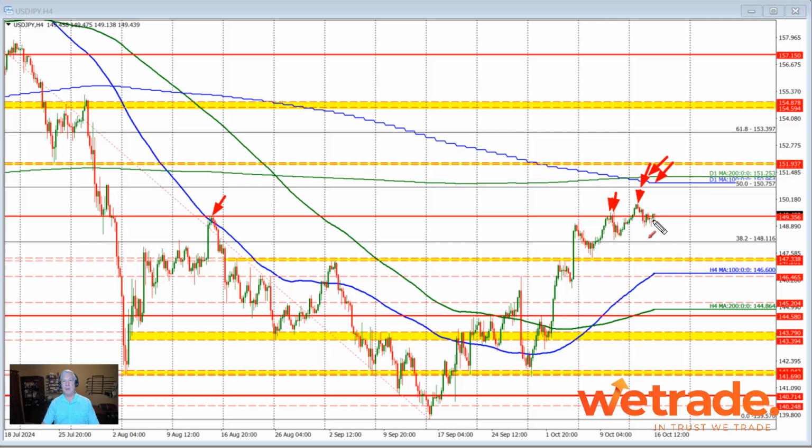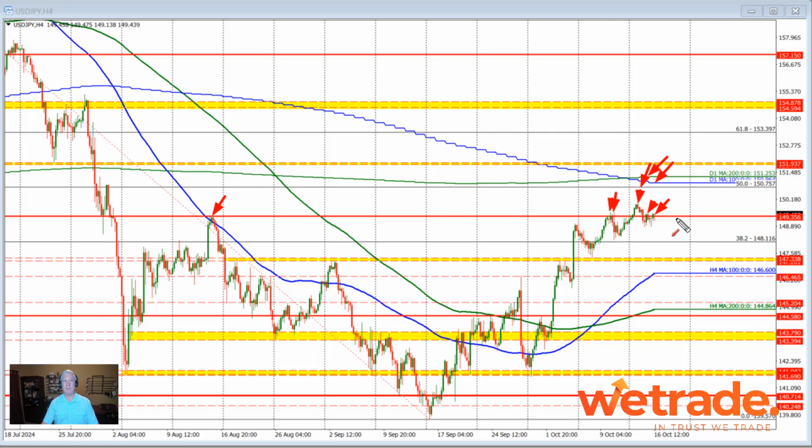We traded mostly below that 149.35 level yesterday, and today we traded mostly below that level as well, with little moves above it here and here, both yesterday and today. We are currently just above the 149.35 level, which should give the buyers a little more control.